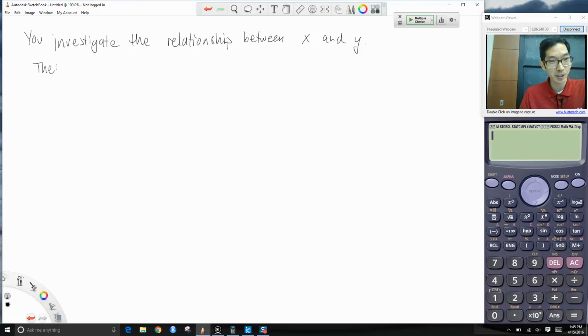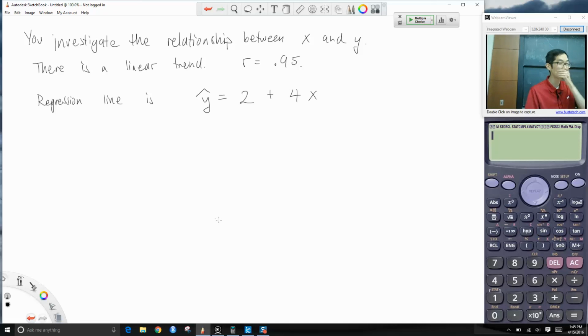There is a linear relationship, or linear trend. R is equal to 0.95, okay, and then we'll say the regression line is y hat is equal to 2 plus 4x. All right, so I'll say true or false.